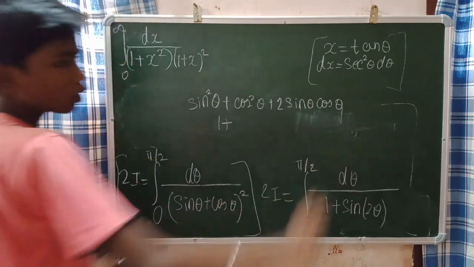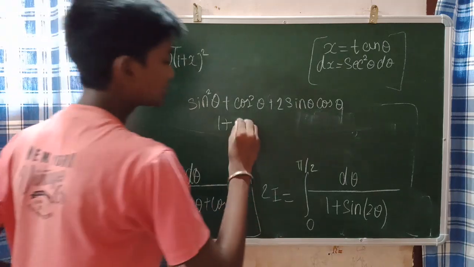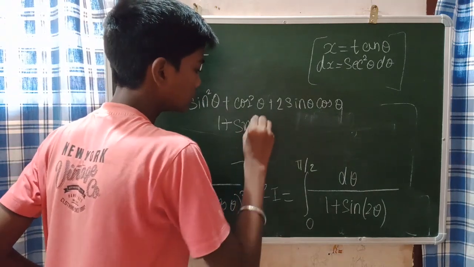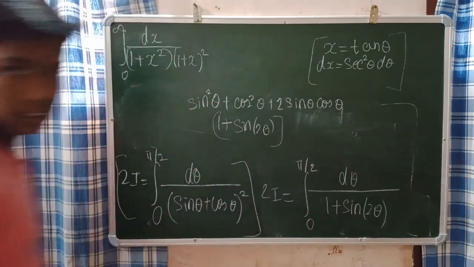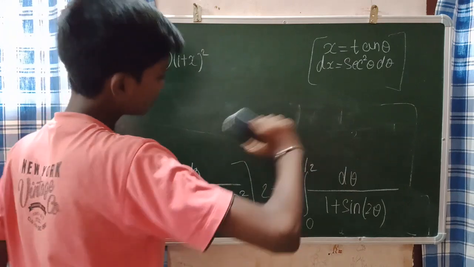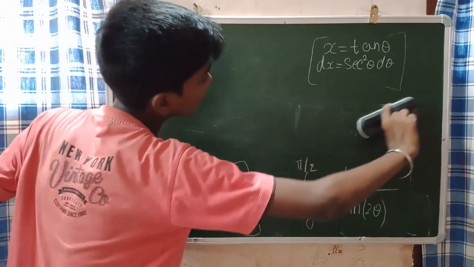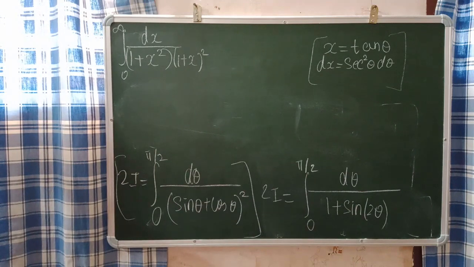Plus 2 sin theta cos theta is nothing but the double angle formula. You should know this. Double angle formula: 2 sin theta cos theta is sin 2 theta. That's why I'm writing like this. Very simple, na? So these things you will get only when you solve more problems. Okay? That's what you're supposed to understand.